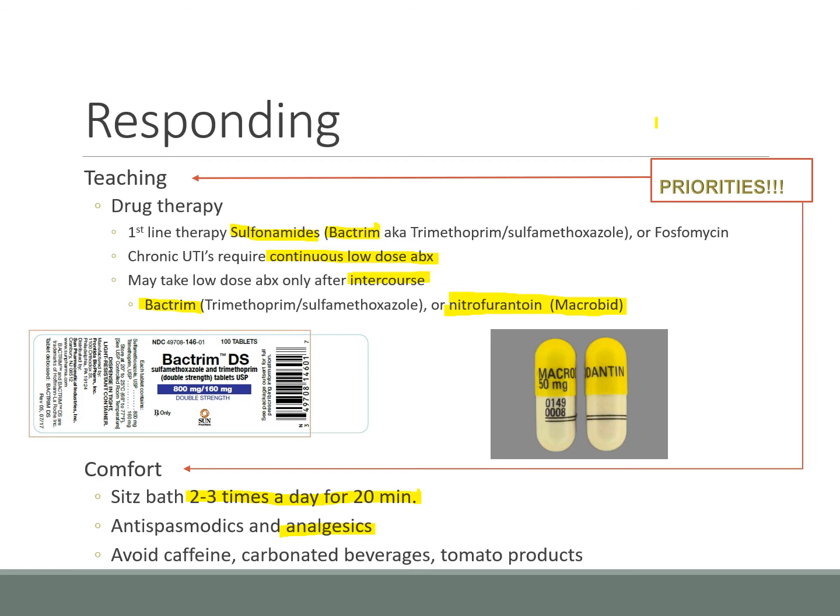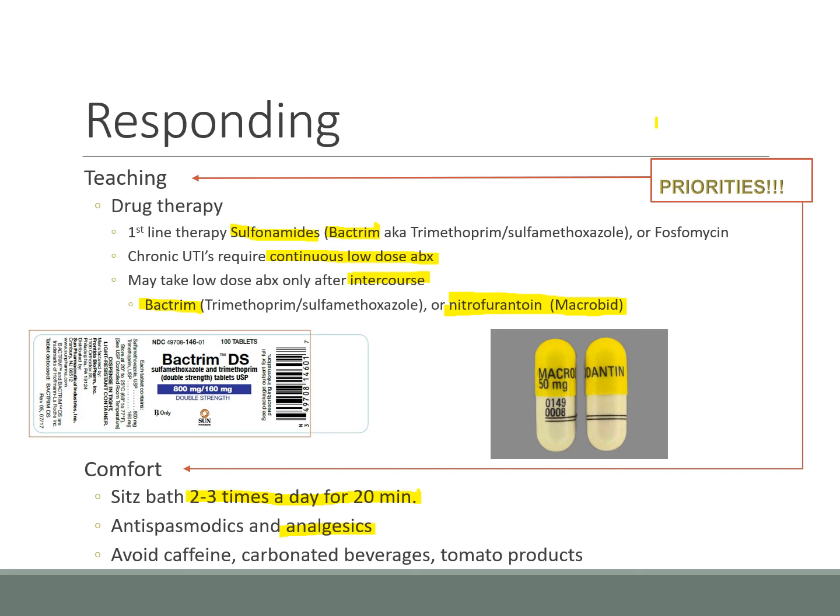analgesics. The one that comes to mind is known as pyridium. The other name for pyridium is phenazopyridine. I believe there's a chart in your book that talks about the analgesic.